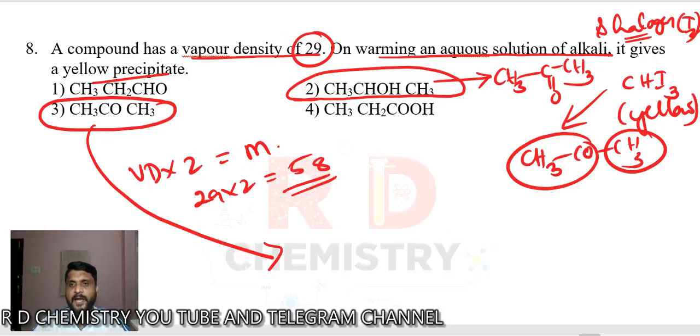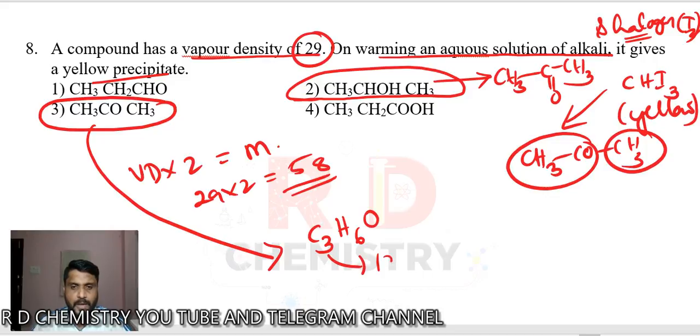Further, it can react with the iodoform reagent. Remember, primary alcohol can be oxidized to aldehyde. Secondary alcohols can be oxidized to give ketone because the iodoform reagent is an oxidizing agent. Okay, let us check with this one. Therefore, there are 3 carbon atoms and 6 hydrogen and 1 oxygen.